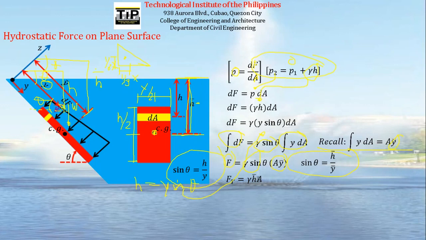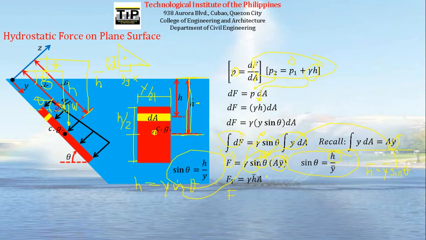Therefore, this will become h bar over y bar equals sine theta. So if this is the case, then we can cross multiply y bar on this side. So this will become y bar sine theta. Now ito is equal din dito. Okay? So dito sa y bar sine theta, pwede natin siyang i-replace with h bar.